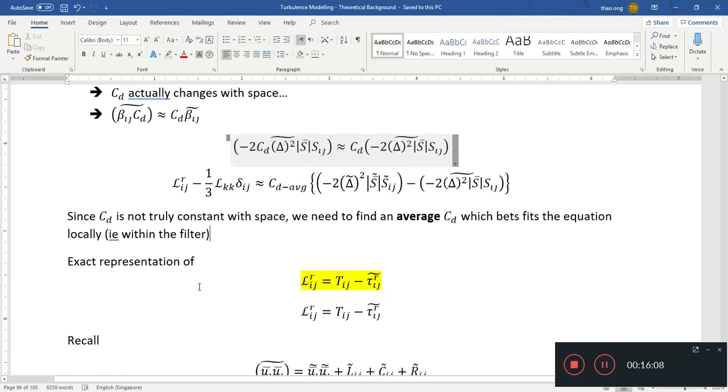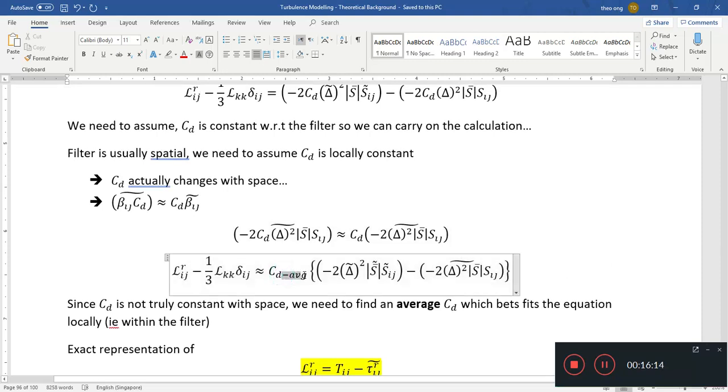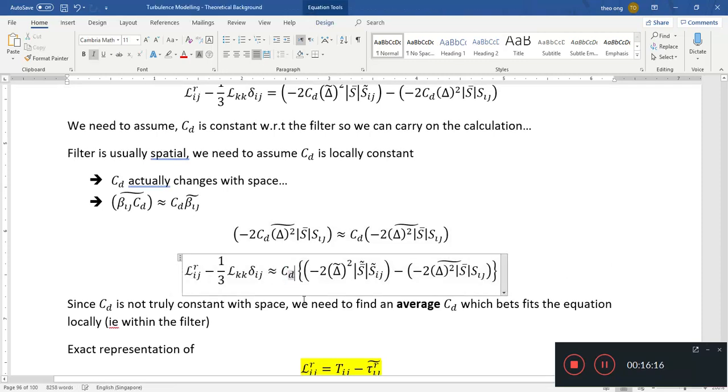Now, how then do we find CD? We try to find an average CD, remember? I used that average term there to say it's an average, but we are trying to find this average CD here, and we know the filter width of this.